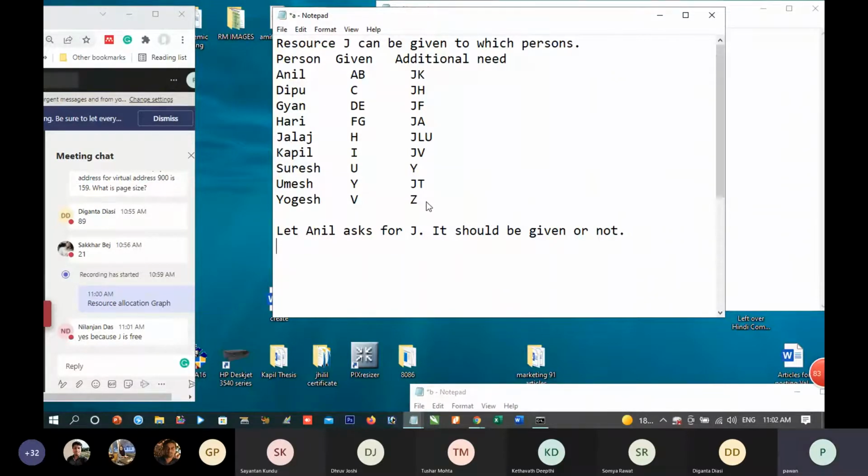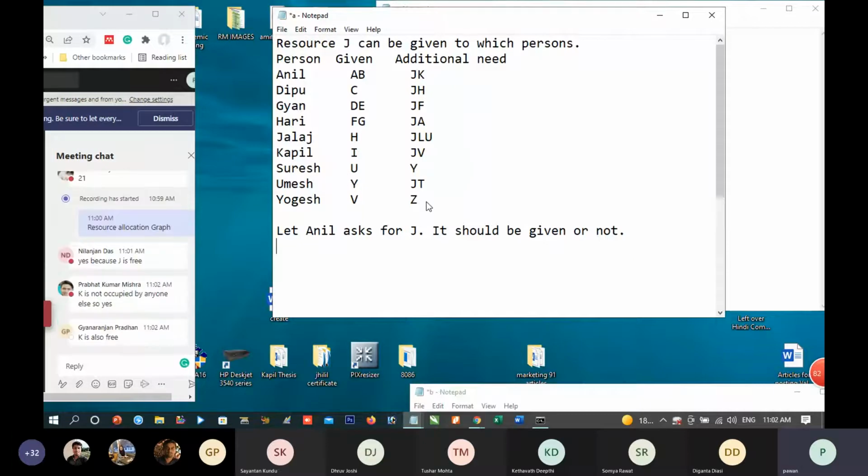Nilanjan, try to compare your reason. Can it be given to Deepu? As Nilanjan has given the reason, J is free, it should be given, but it is not correct. Whether J can be given to Deepu?